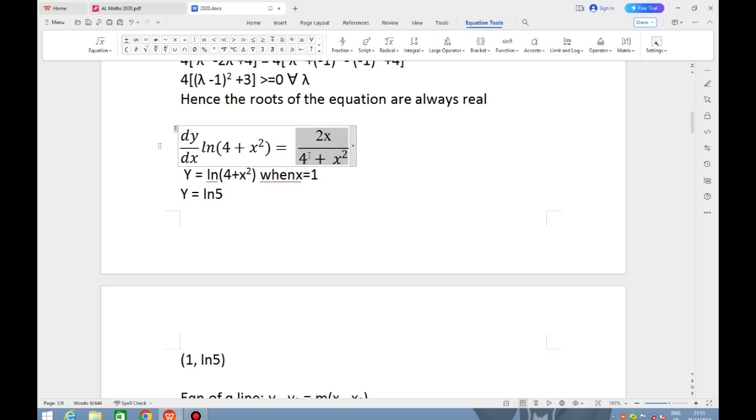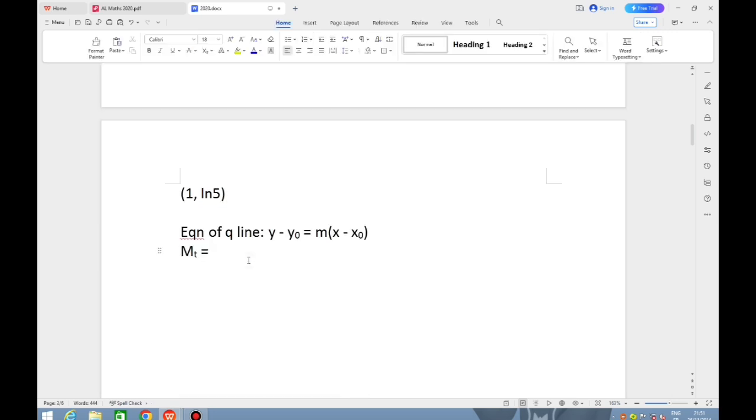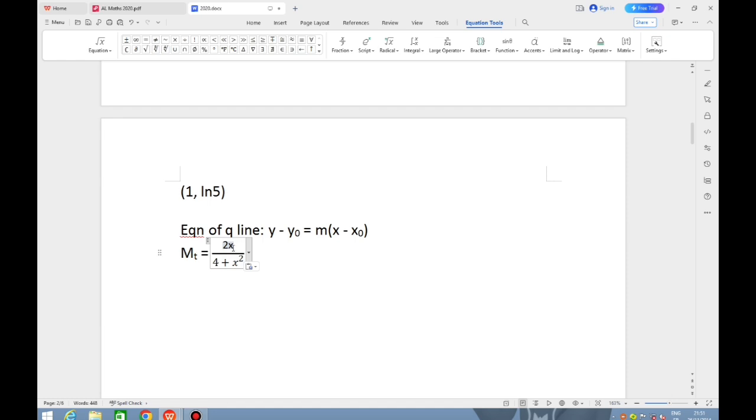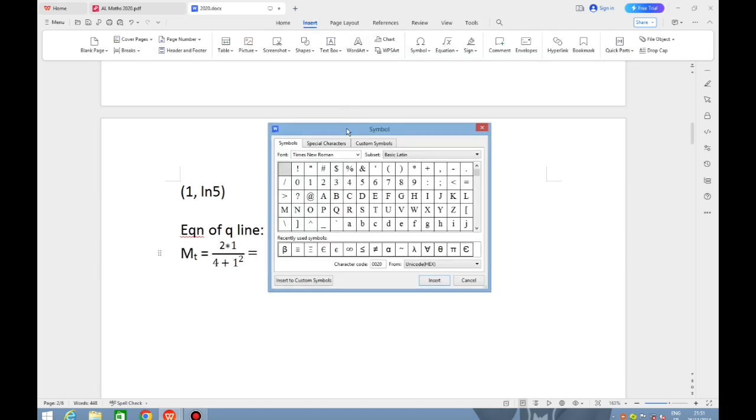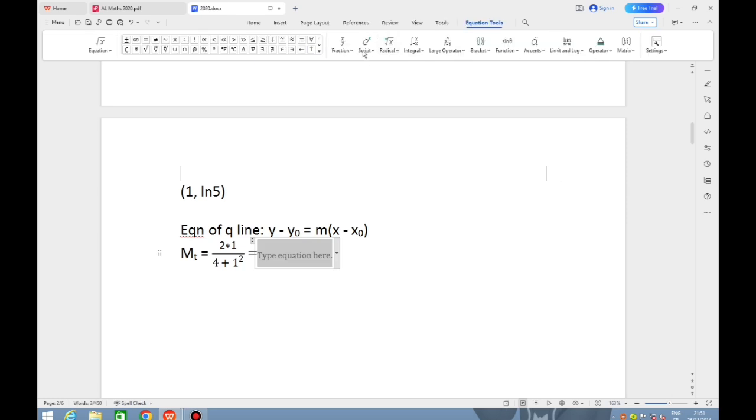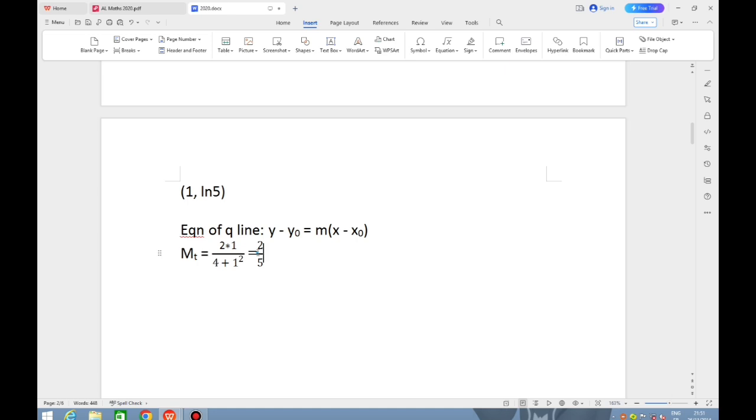So simply substitute x equal to 1 in this equation to find the gradient of the tangent. 2 times 1, all over 4 plus 1 squared, is going to give us 2 on 5, and this is the gradient of the tangent.